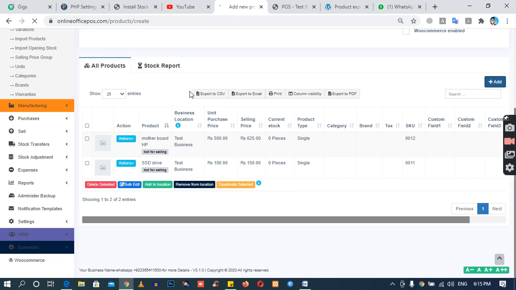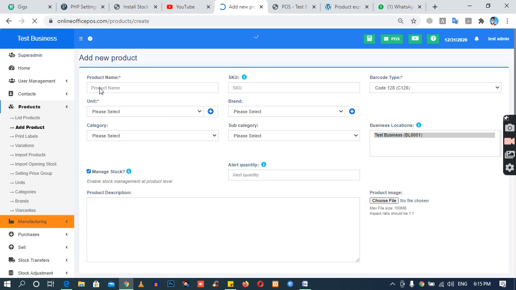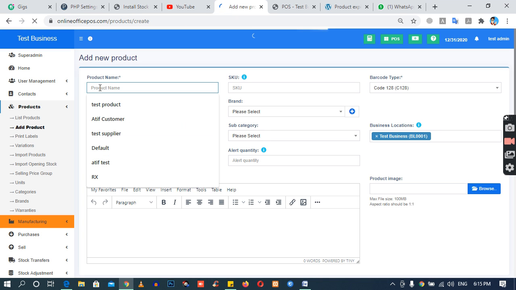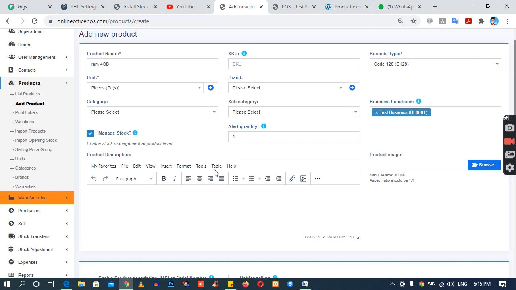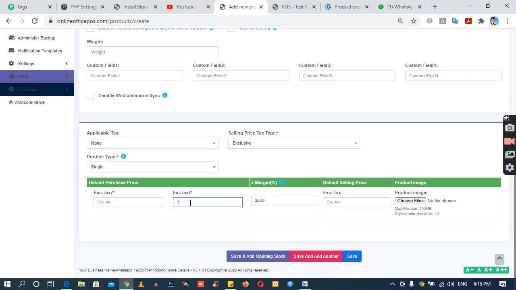One more product, let me add. RAM, 4 GB RAM, for example, piece, 100, 150.